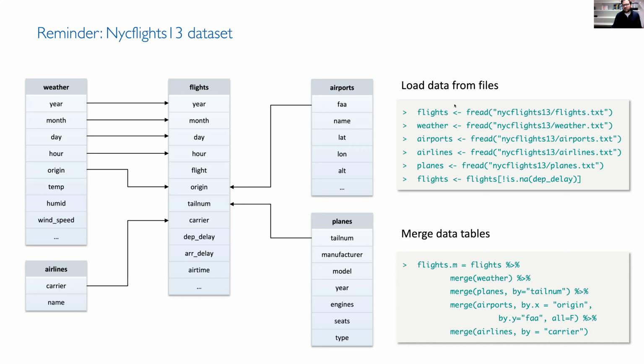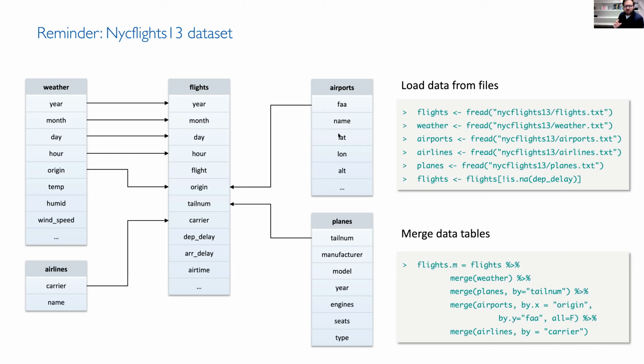Yes, we load again, just like last time, all of these different files using the function fread, and then we merge them together using these merge commands. When we merge them together, we sometimes have to give, for example, when we merge with the airports, we have to say that here the airport identifier is in the column origin, and here the airport identifier is in the column FAA.